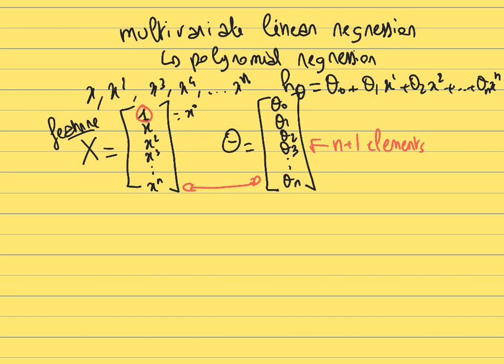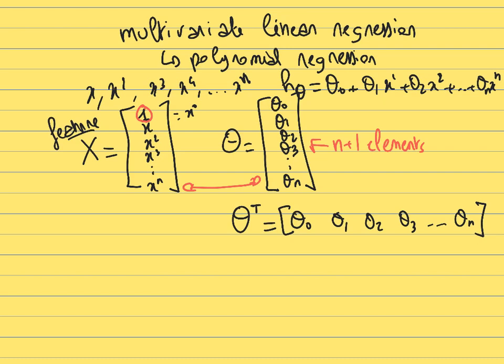Because first we can take the transpose of the coefficient vector. Now it means that instead of being a column vector, it will become a row vector. So we can rewrite this just as a row: theta naught, theta 1, theta 2, theta 3, etc.